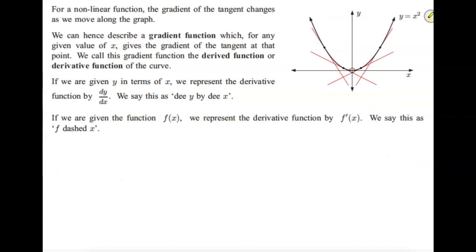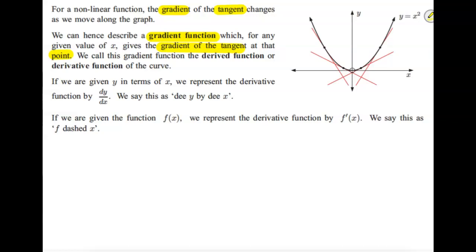All right, this is an image of a gradient function. If you remember earlier in our lesson, the gradient represents the slope of the tangent line, and it changes throughout your graph. So when we describe the gradient function, we're looking for the slope of the tangent line at that point.